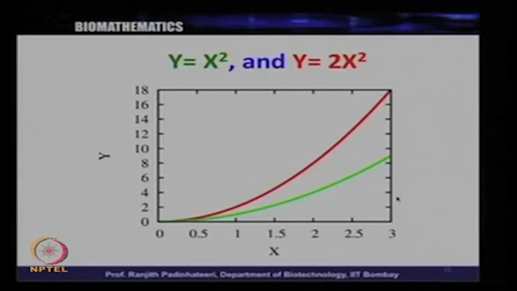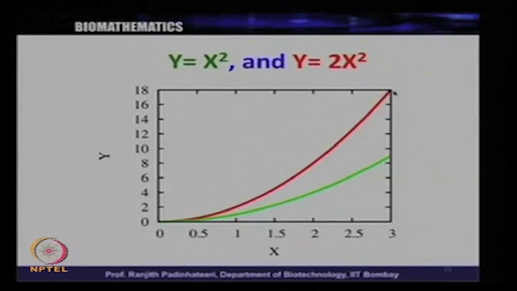For example, let us have a look at 3. When x equal to 3, x square is 9, so on the green curve this point is at 9, which is just above 8 and just below 10. Then 2x square is at 18, because 2 times 9 is 18.